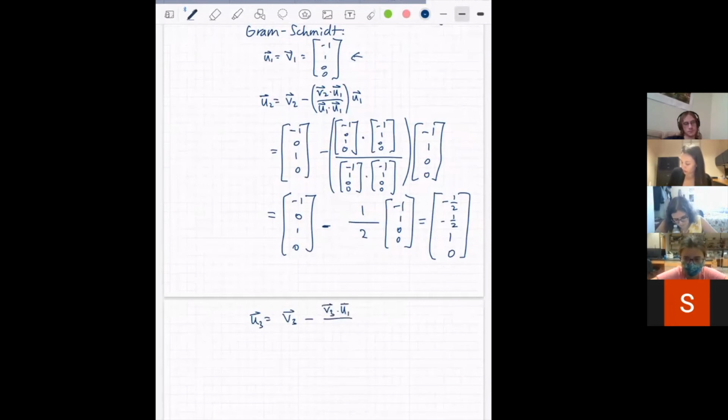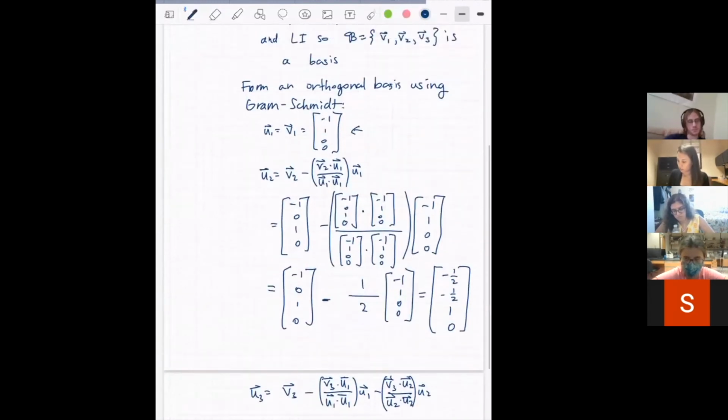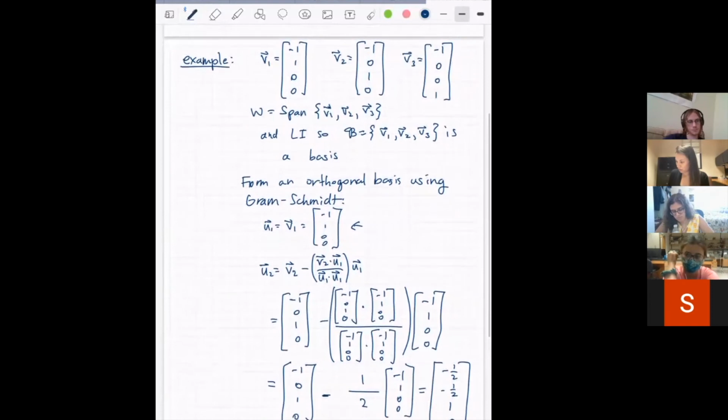So V3 dot U1 over U1 dot U1, and then the same on U2. Okay, so what is V3? It is minus 1, 0, 0, 1.